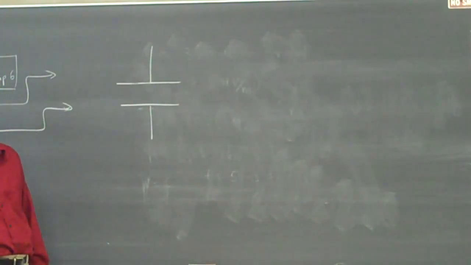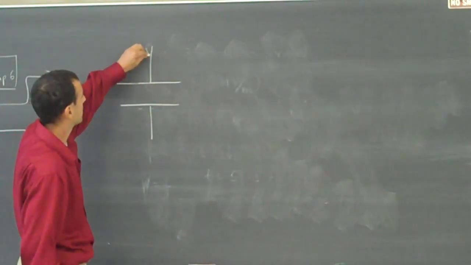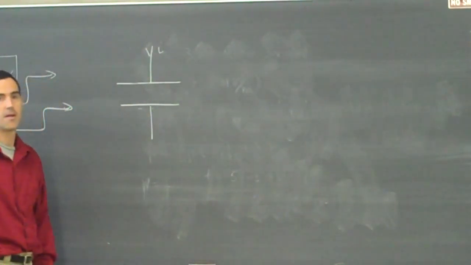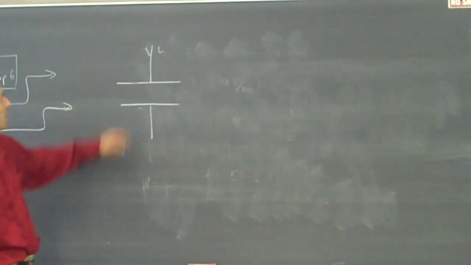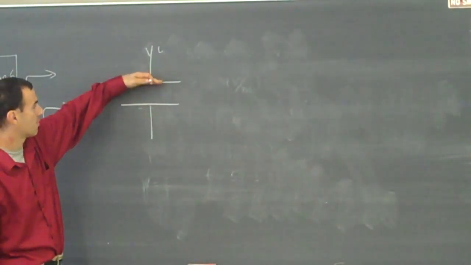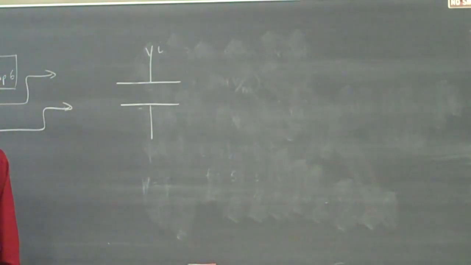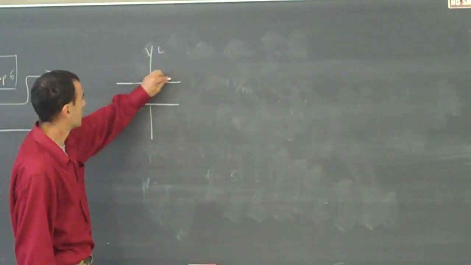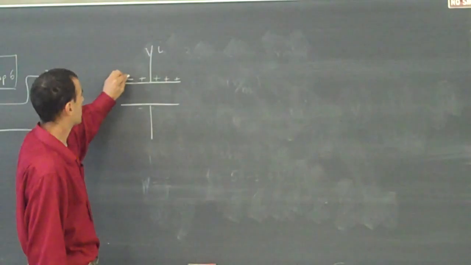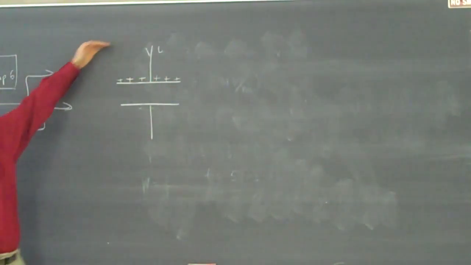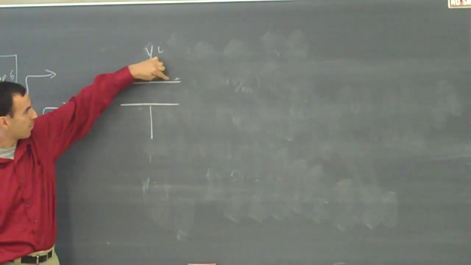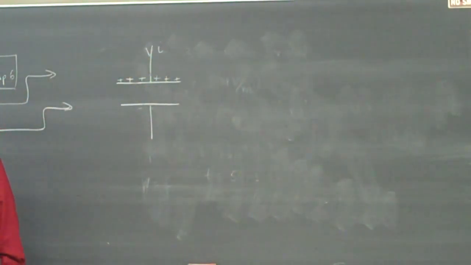And what happens if you try to apply current onto the capacitor? If I somehow put some current going in, that charge that's flowing into the capacitor can't go from this plate to that plate. Instead, the charge that flows onto the capacitor will start to pile up on that plate. If I push positive charges onto the capacitor, positive charges will pile up on that plate.